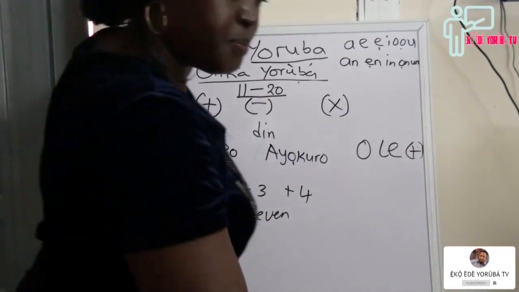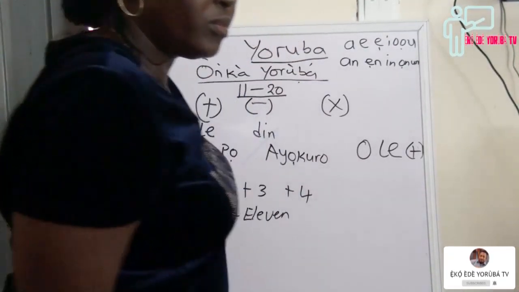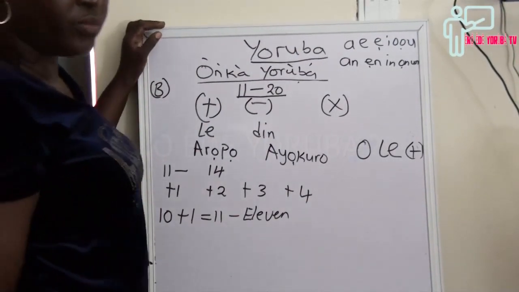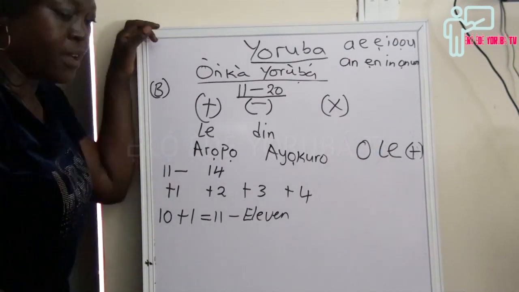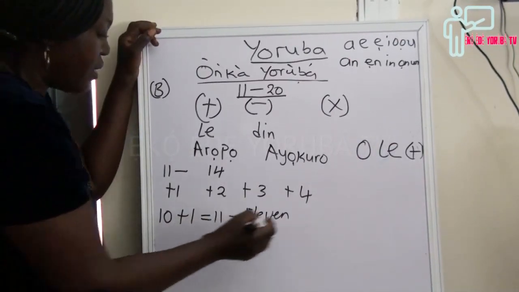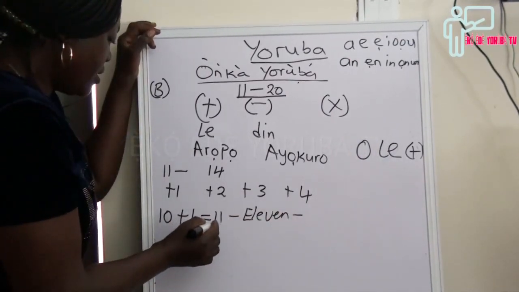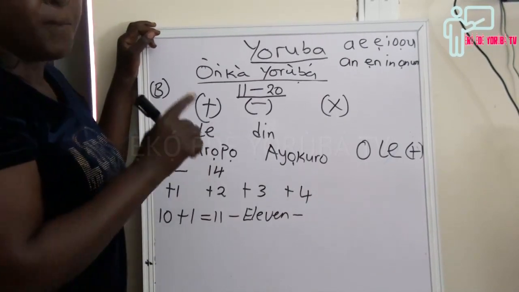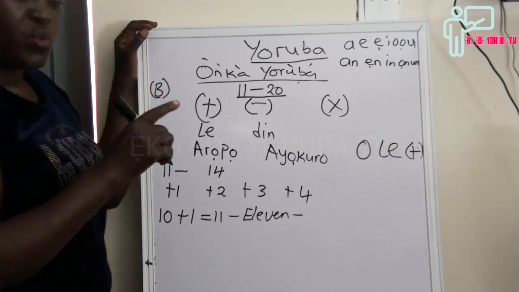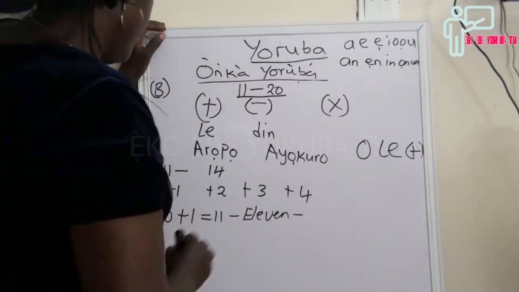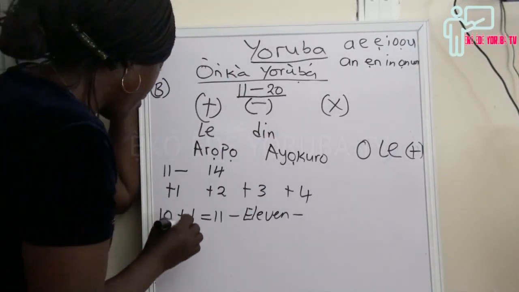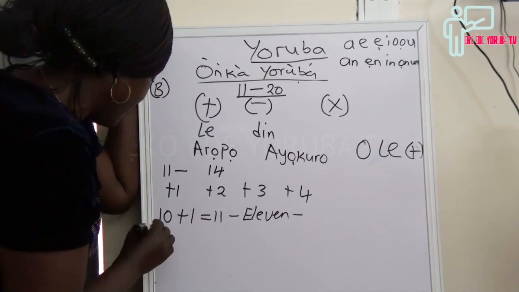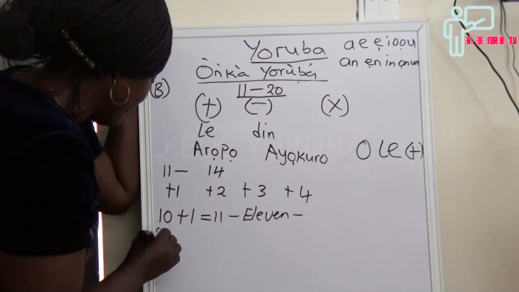So let's see now. To go further, we want to count it from the back. This is 11, ọ̀kan. So it will now be mọ́kànlá. We say mọ́kànlá. This one is ẹyọkan, ọ̀kan. This is mẹ́wàá. For example, I just want to use this one as an example.